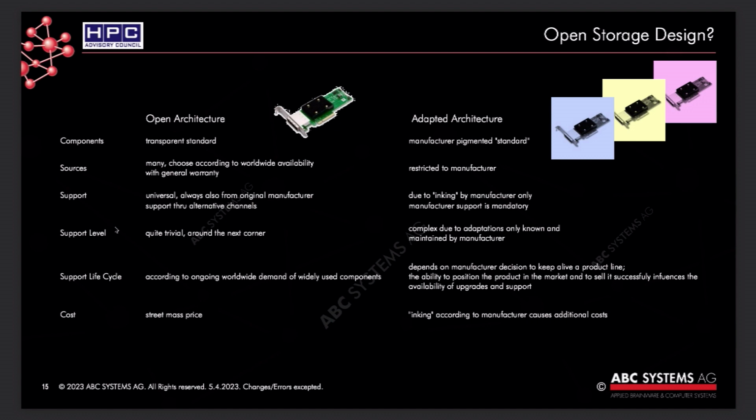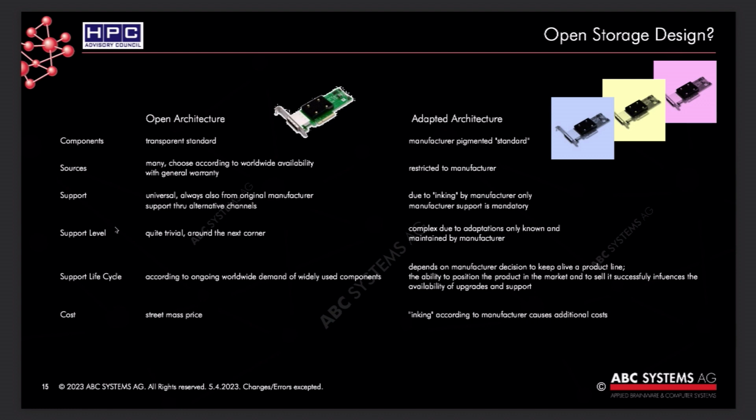What's the difference? Because we are normally faced that the customer says, but listen, I have from manufacturer 1, A, B, C, and so on, I have single support, and I can rely. And then we say, okay, but you have to, because why? Let's take the example. We have the HBA. We take the standard Broadcom LSI.